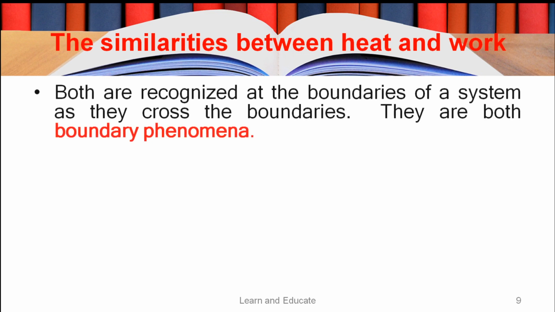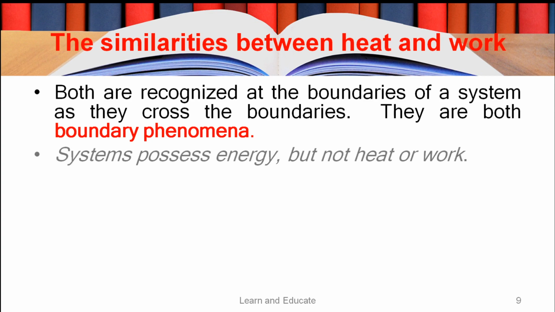So these are the similarities between heat and work. Both of these are not properties of the system. They show up only at the boundary of the system. In other words, both heat as well as work are boundary phenomena. Usually these are known as heat transfer and work transfer.